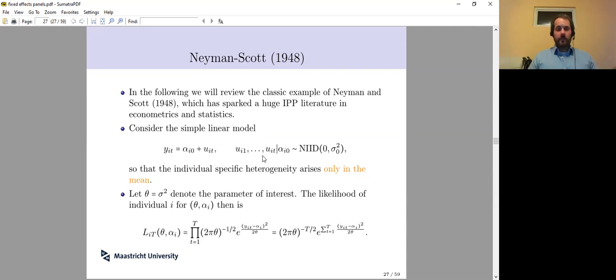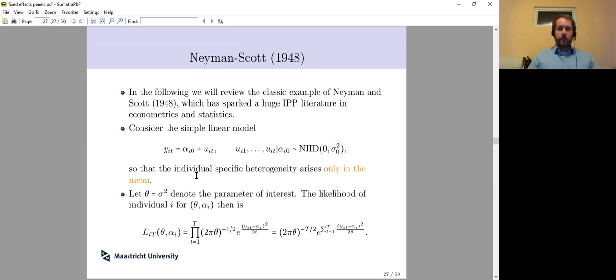Let's make it even simpler. All the u's conditional on the alpha are IID normally distributed with mean 0 and variance sigma naught squared. So what we see is that the heterogeneity arises in the mean of y_it. So y_it itself will be normally distributed with mean alpha_i0 and variance sigma naught squared.